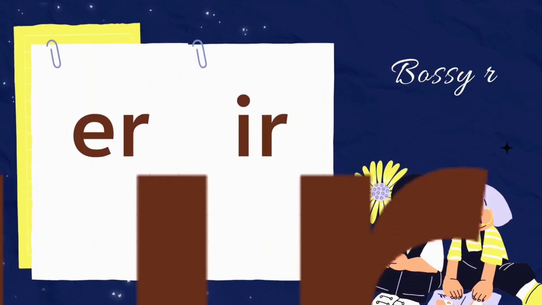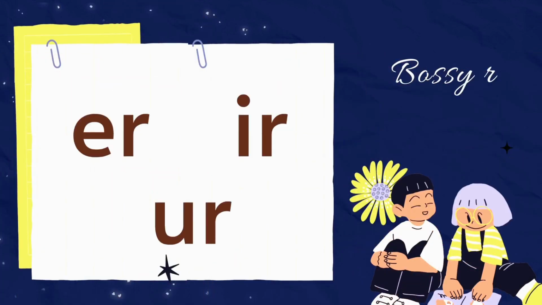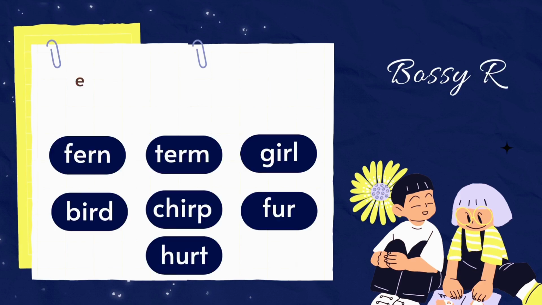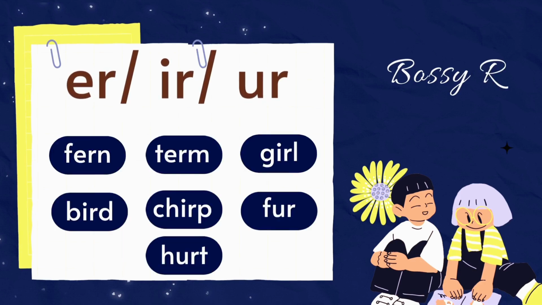Similarly, if vowels E, I or U is followed by letter R in a word, they start making a sound ur, as in fern, turn, girl, bird, chirp, fur, hurt.